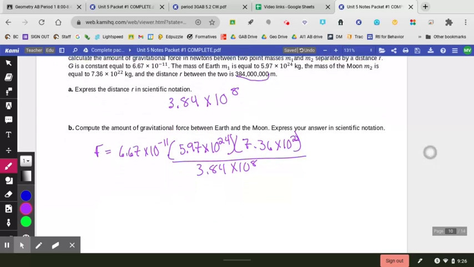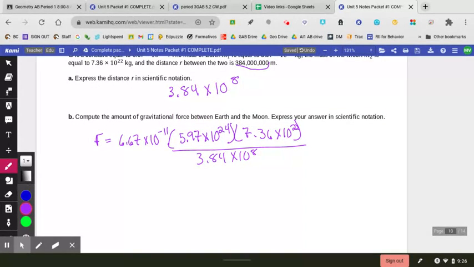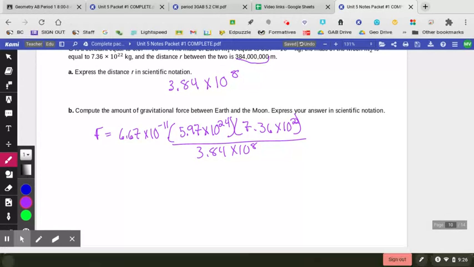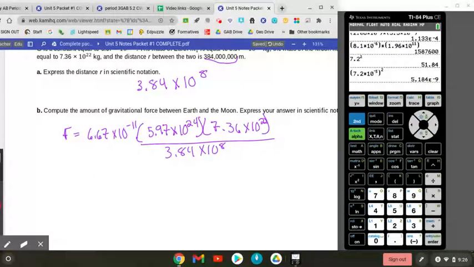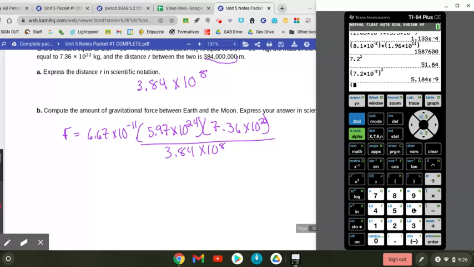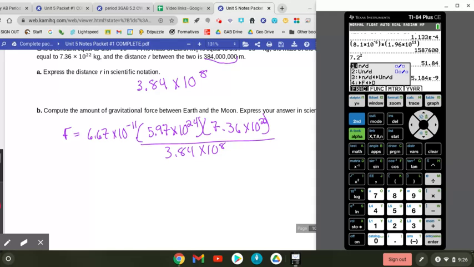And actually for this one, I'm just going to show you how I would use my calculator. Now on my calculator, when I'm doing division, it's important that I type it exactly as it's written and I use the fraction button. So I'm going to do parentheses 6.67 times 10 to the negative 11th times alpha y equals for my fraction.